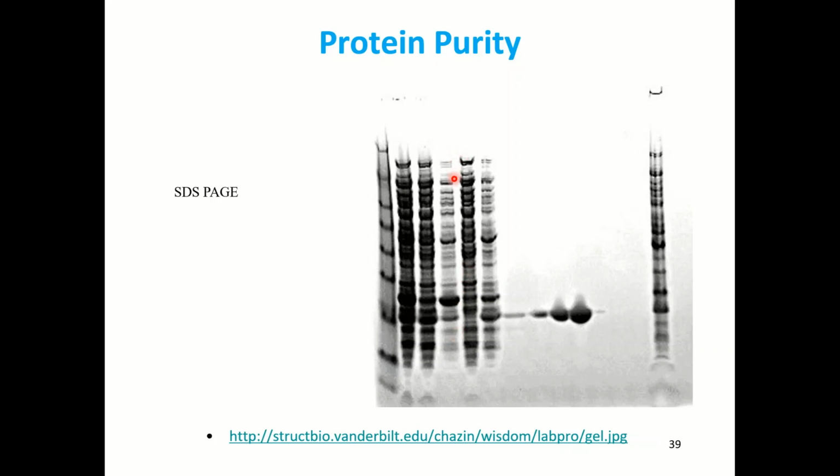Then maybe this is your first step, maybe second step, and so forth. But then when we get out here, this is probably coming off of your column where you have different fractions, and this would be the protein of interest. You can see how pure it is because you have one band at a particular molecular weight, and you don't have any other bands at any other molecular weights.